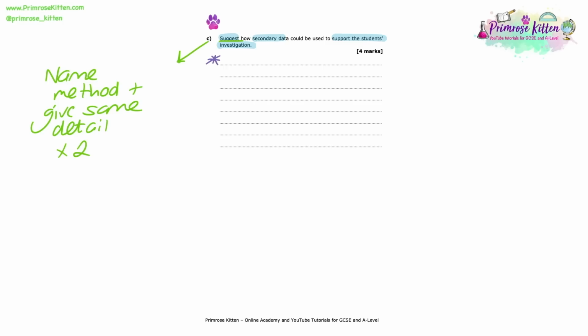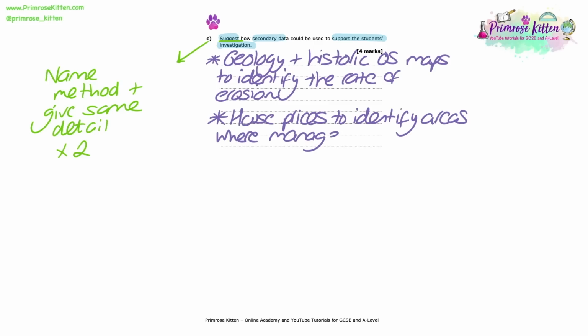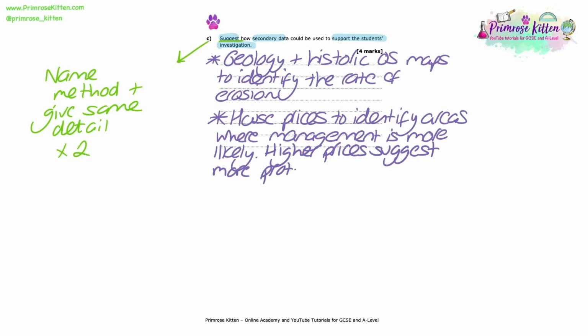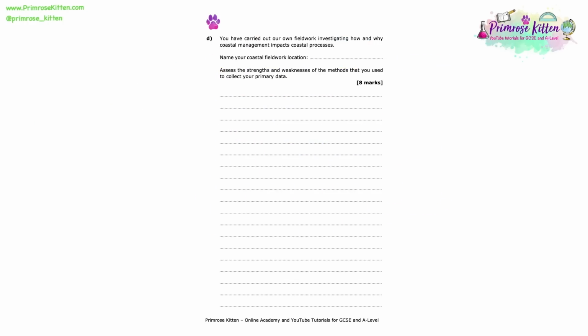Possible responses here might include geology or historic ordnance survey maps to identify the rate of erosion, or using house prices to identify areas where management is more likely, as higher prices would suggest more protection. Or a third option might be to look at car park use to determine how many visitors there are and so how attractive the beach is.